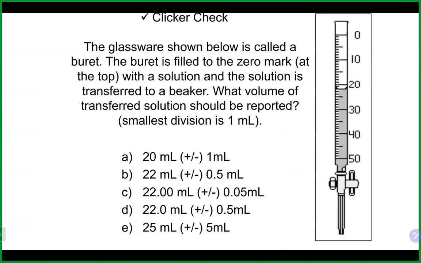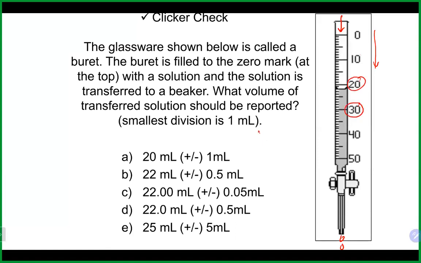All right, so why don't you take a look at this burette and see where you should take the reading on this one. Let's take a look. So once again, this is a burette, which means we are going to fill it from the top. And as it dispenses from the bottom here, it will increase in volume as you go down in the scale. So if we look at a scaling here, we got 20 and we got 30.